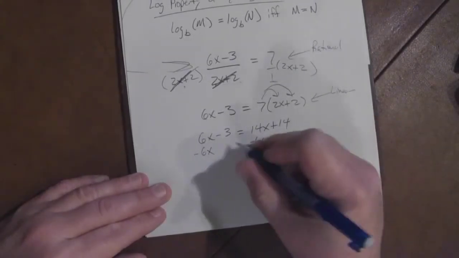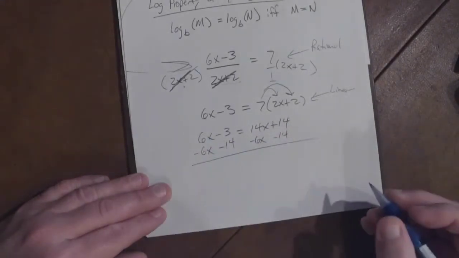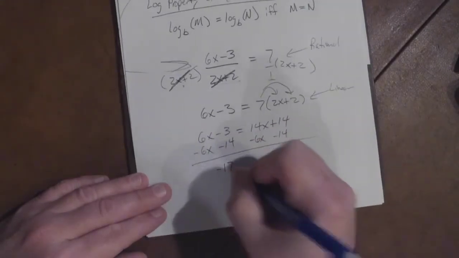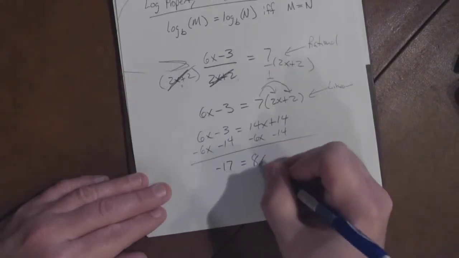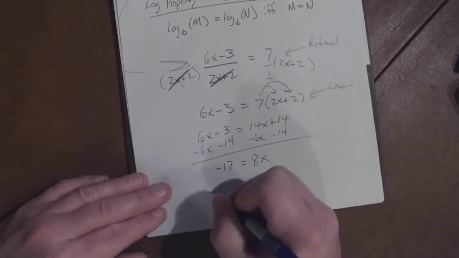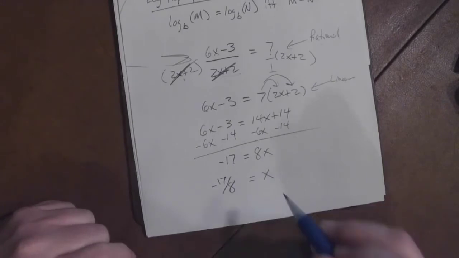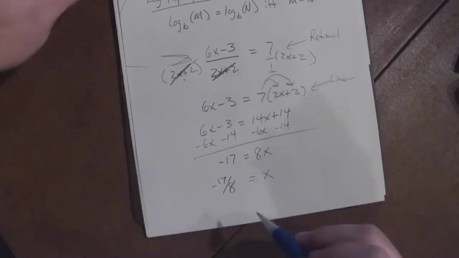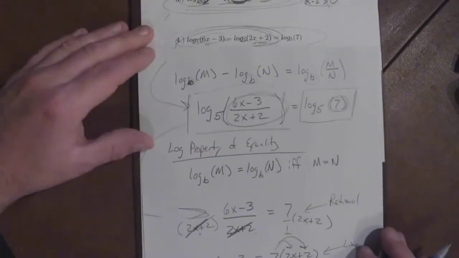We might move the constants over to the left by subtracting 14 on both sides. And we will find here negative 17 must be equal to the value of 8x, or that x must be equal to negative 17/8 in value. Now, before I circle that, I ought to go back and check it, right? With logarithms, you do want to check these values.